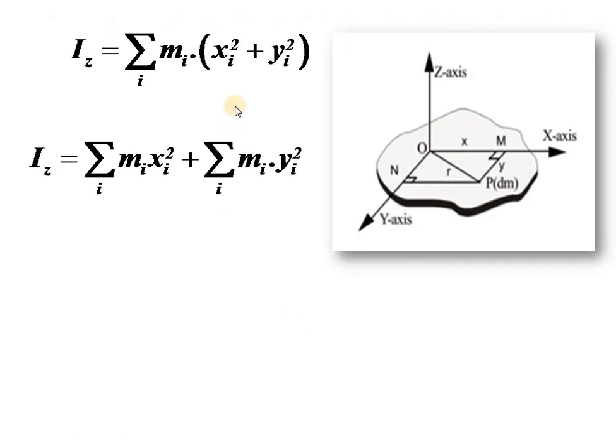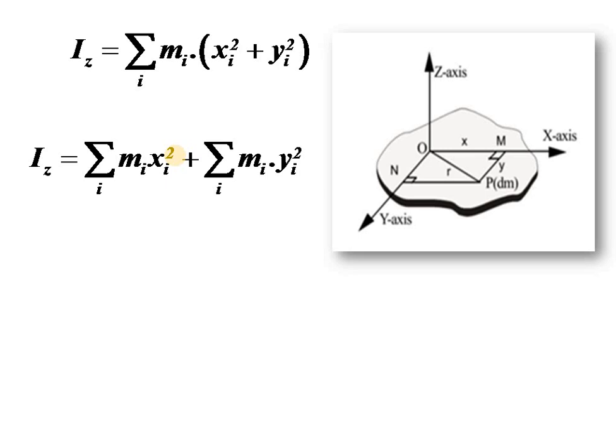When you do that, you can separate these things: the first one, summation mi xi square, and another, summation mi yi square. What is this actually? Summation mi xi square is nothing but the summation of the moment of inertia of each and every particle with respect to the x-axis. The first term simply represents the moment of inertia of the entire lamina with respect to the x-axis.